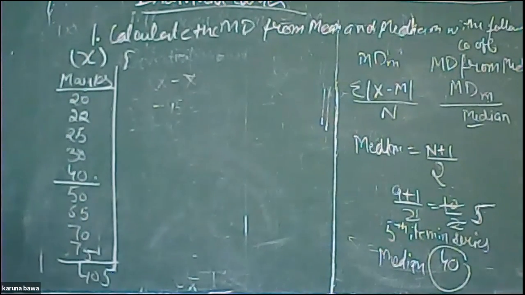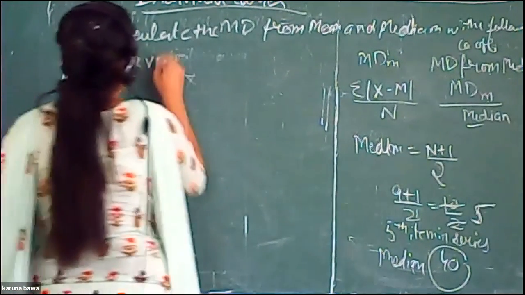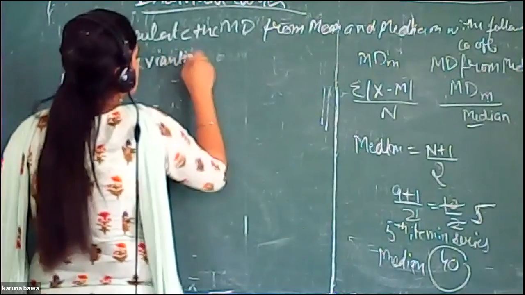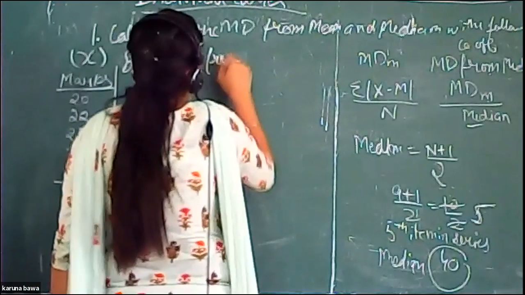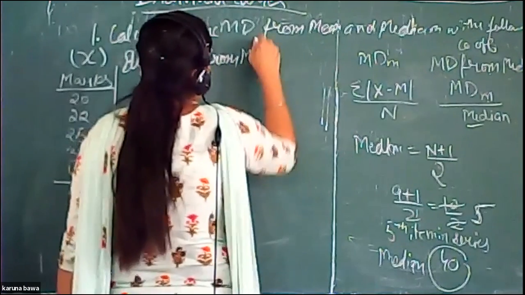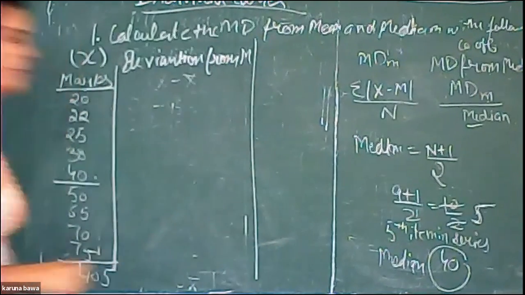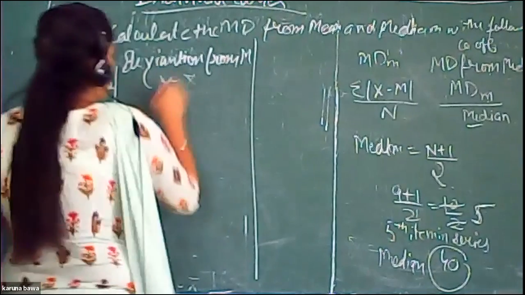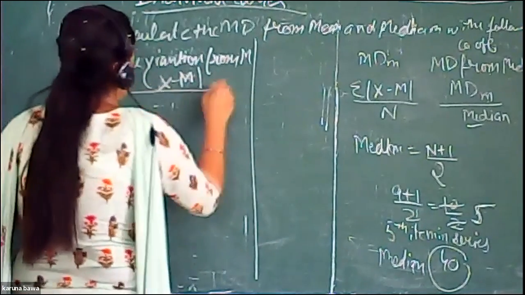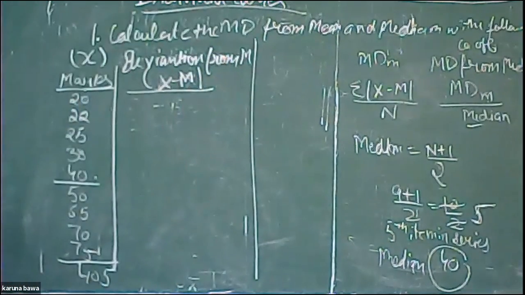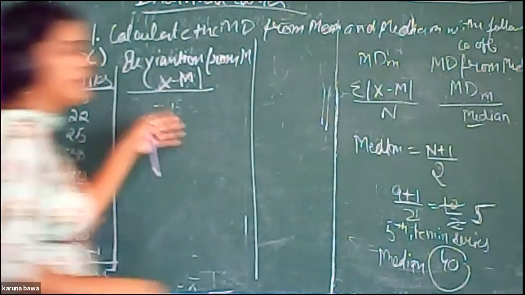On the other hand, deviation from median, x minus median, same as the mean value.